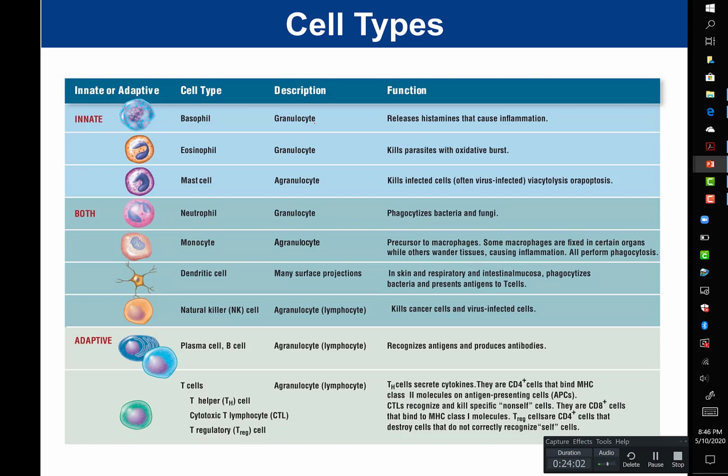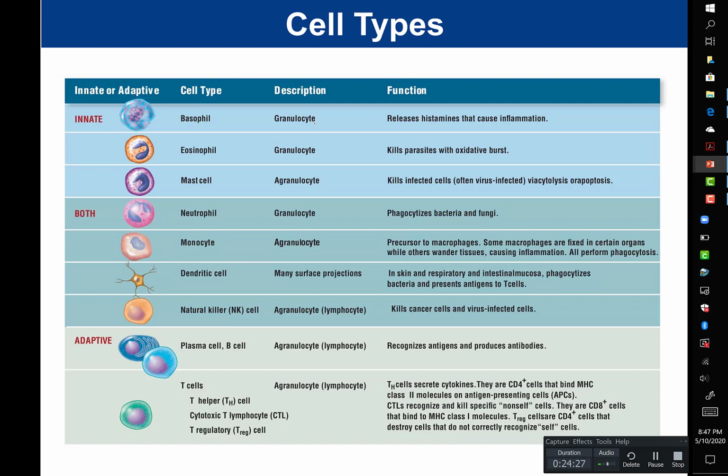Dendritic cells have these long projections. They almost have kind of a neuron type appearance to them. These are cells that are found in specialized tissues. They're found in skin, in the respiratory tract, in the intestinal mucosa.